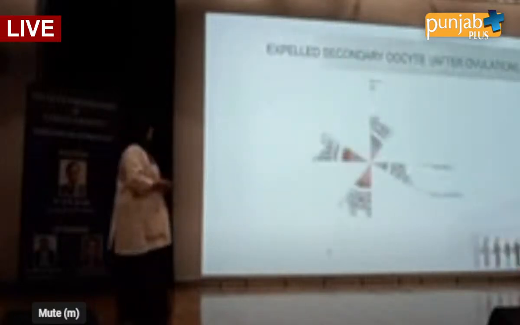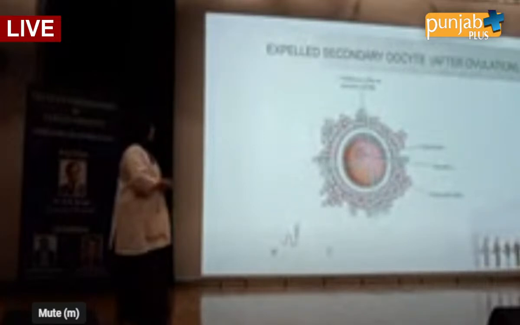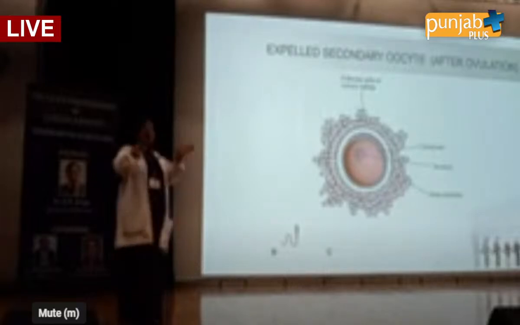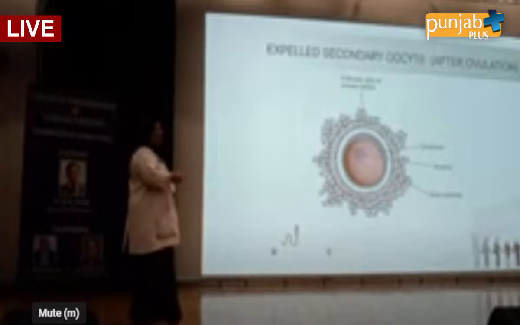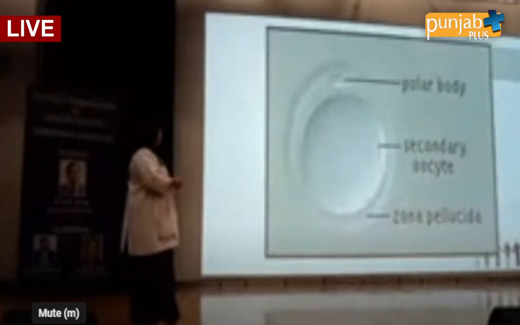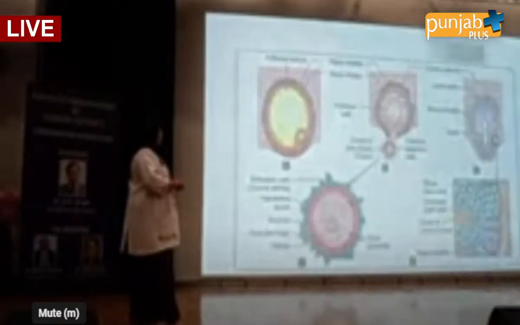So this is an important point. After the ovulation, the surrounding granulosa cells are arranged radially to form the follicular cells of the corona radiata. So this is the polar body, zona pellucida, secondary oocyte.